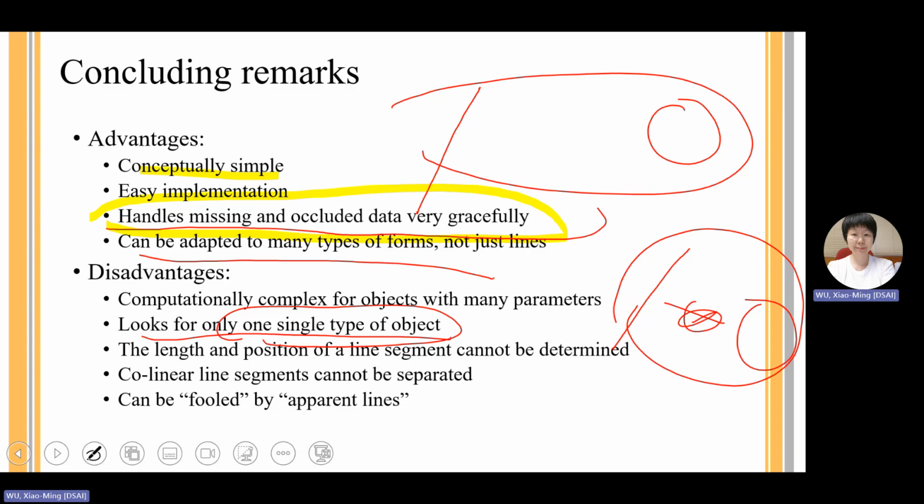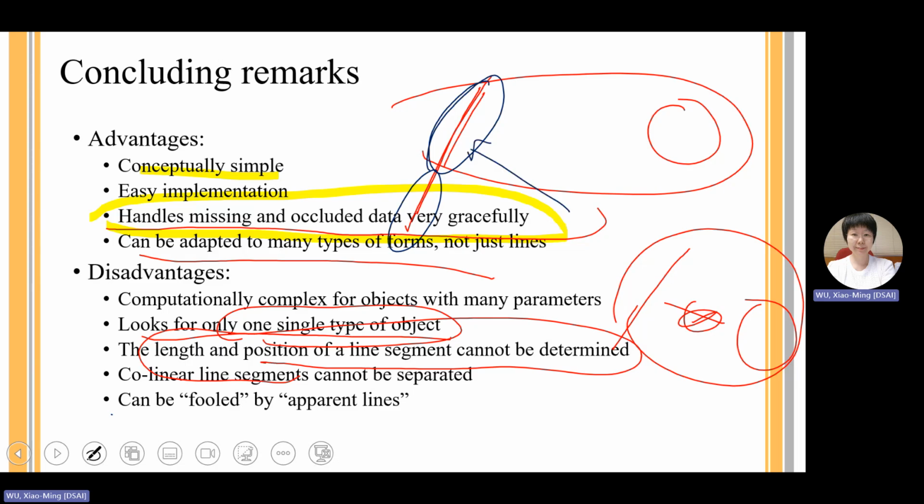Because the Hough transform gives the full equation of the line, it cannot determine the length or position of the line segment. It just gives the full equation of the straight line.